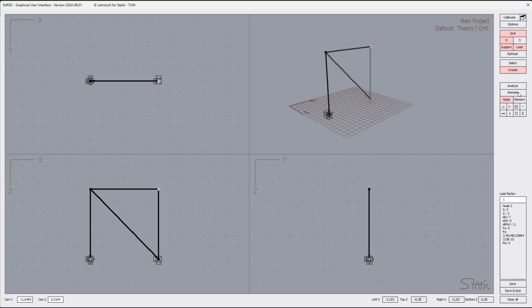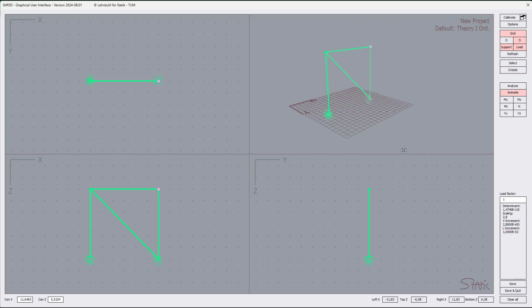If we go to the animation mode, that's after analysis, then again this drop-down menu looks a little bit different. We could also take a look at the support forces if there are some. So these drop-down menus are completely case dependent on the respective mode. We'll come to that later on, also in the context of Form Finder, for instance. Then these drop-down menus will have even more and different appearances. Okay, so much about what we can learn about nodes.